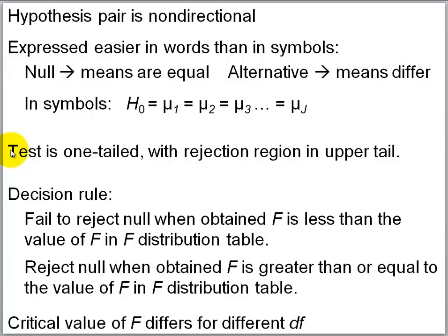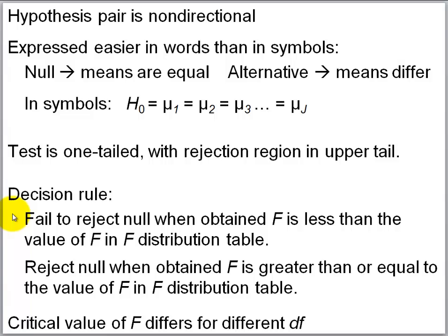ANOVA is a one-tailed test with a rejection region in the upper tail. So in this regard, it's like the chi-square tests, and it's an exception to the general rule that non-directional pairs go with two-tailed tests. The decision rule for ANOVA is to fail to reject the null when the obtained F is less than the value of F in the F distribution table.